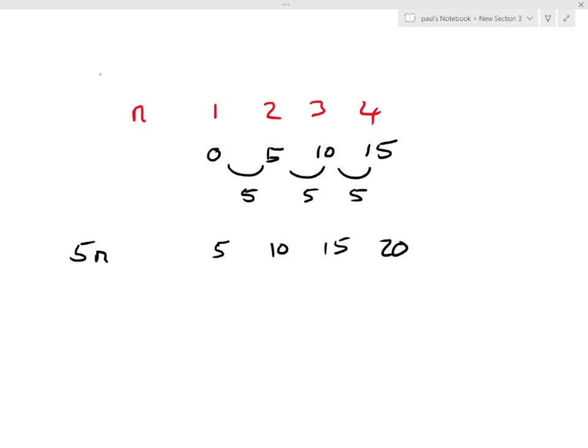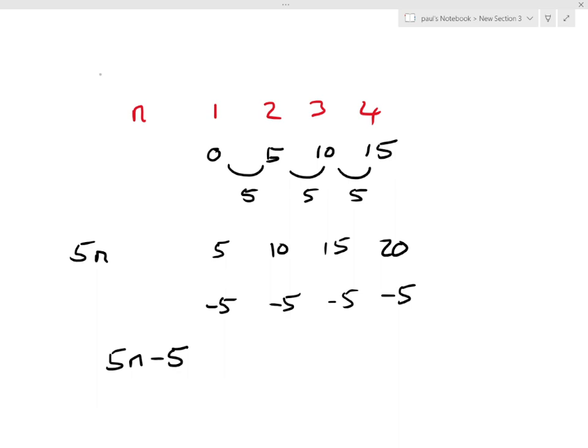Now, always subtract the n numbers from the sequence numbers. So 0 minus 5 is minus 5. 5 minus 10 is minus 5. 10 minus 15 is minus 5, so it's minus 5 all the way along. That's the bit we have to add to the end to make the nth term.